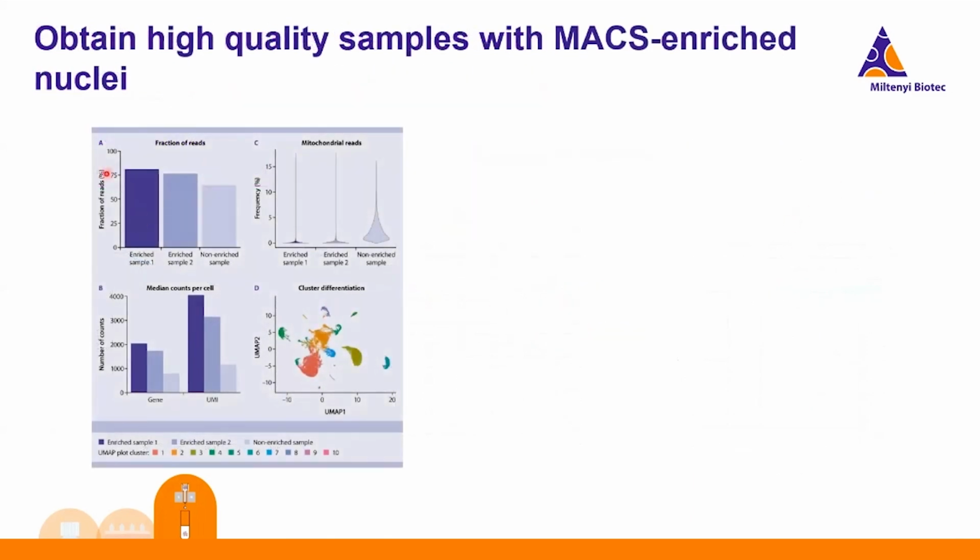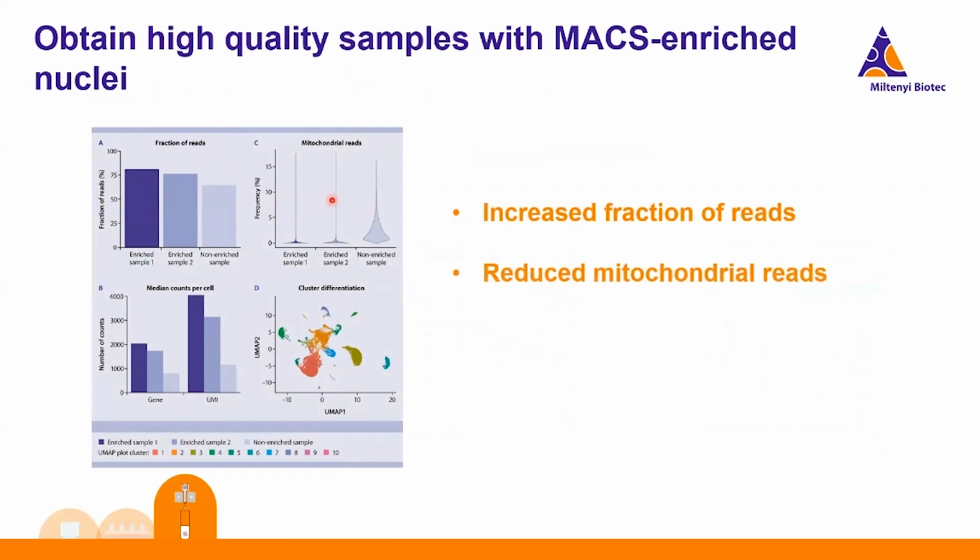This you can see here on the next slide. So you have an increase in the fraction of reads in the enriched sample. You have clearly a decrease of mitochondrial reads in your sample. So you have a clean nuclei fraction, which you are sequencing, in comparison to the non-enriched one.